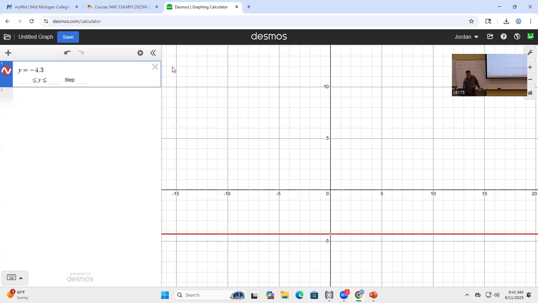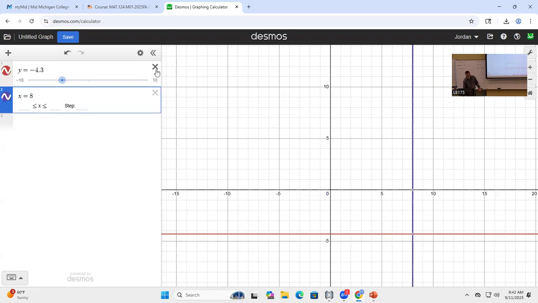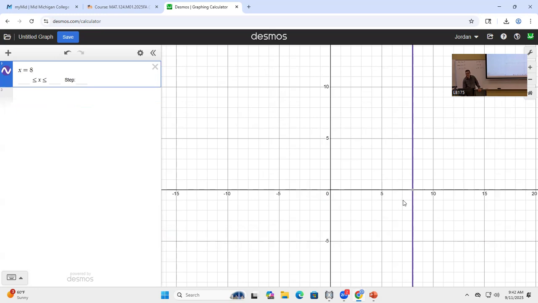By the way, just as a side note, if I did x equals 8, then I get a vertical line. Every point on that line has x value of 8.